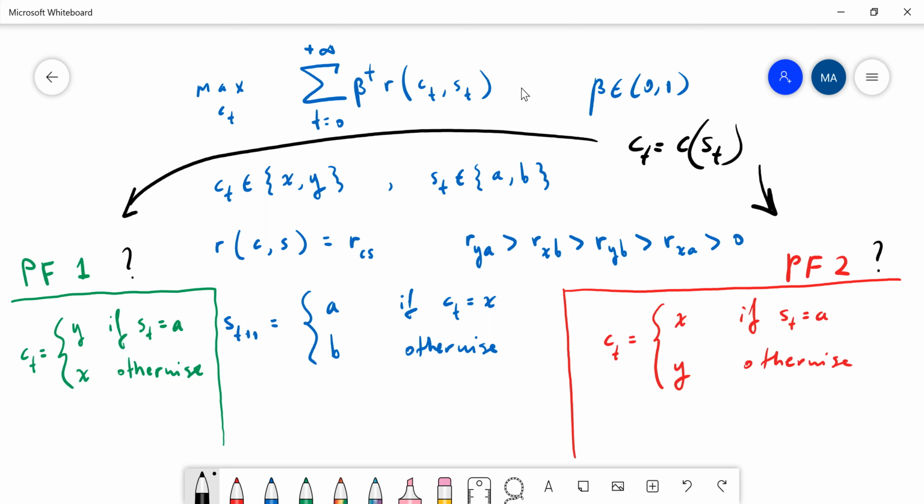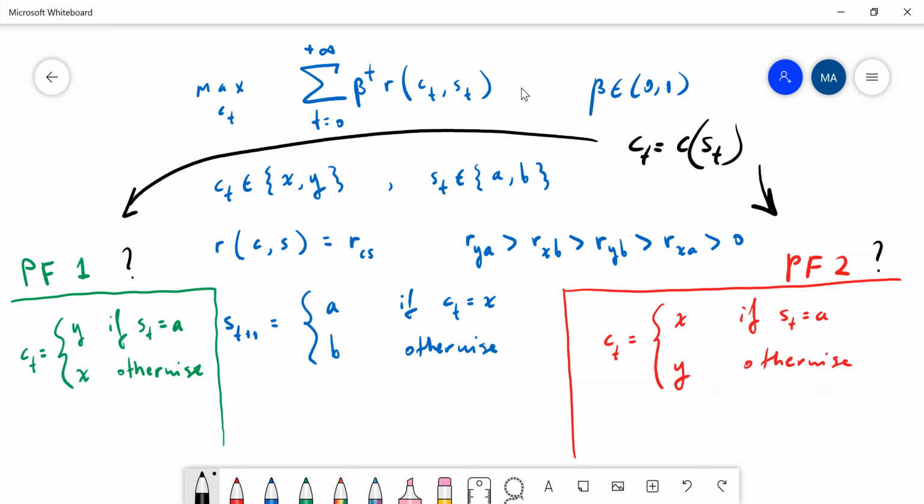In policy function 1, the green one, you choose Y if state is A, and you choose X if state is B. In the other one, the red version, policy function 2, you have CT equals X if ST equals A.